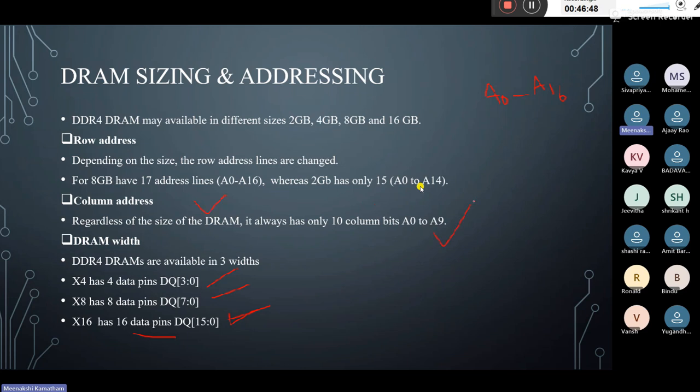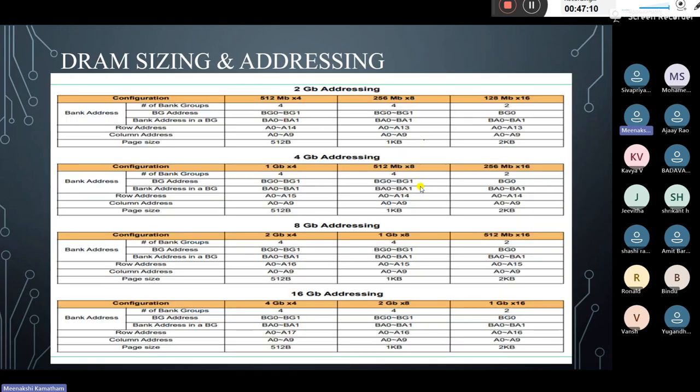A0 to A9, total 10 column bits we have. But the row address bits depend on the configuration: we'll get either A0 to A14 or A0 to A16. Based on that, the DRAM may be available in 2 GB, 4 GB, 8 GB, or 16 GB, depending on the configurations.